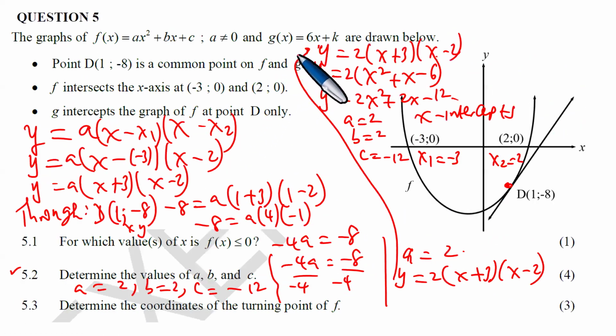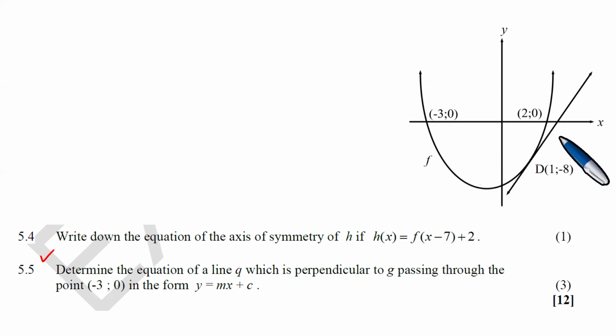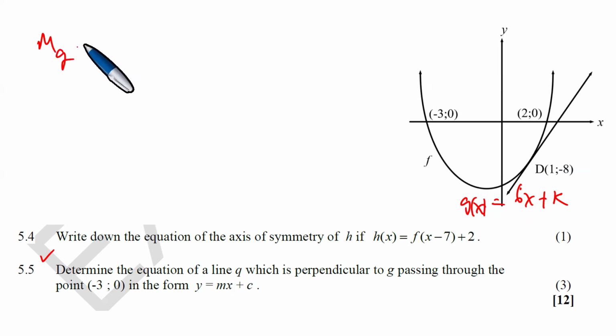G has the equation -6x plus K. So G is the straight line that is 6x plus K. Now, if you look at this one, G of x, something perpendicular to G is going to be such that the gradient of G times the gradient of the one perpendicular to G must be -1.